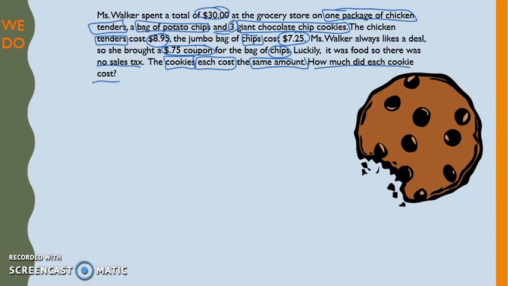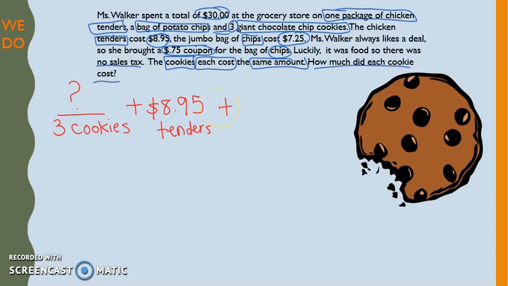So we're going to start out by thinking to ourselves, we have an unknown number of 3 cookies. And we're going to add the $8.95 for the chicken tenders, buffalo style, spicy style, delicious.